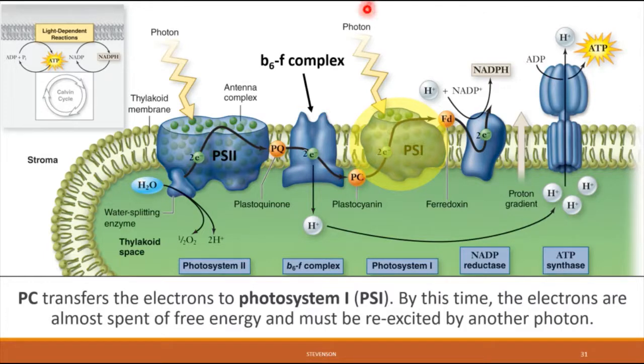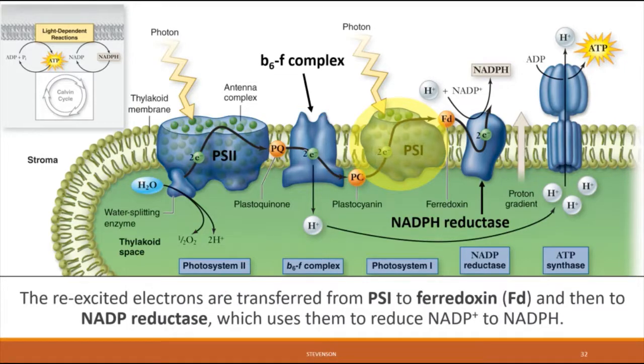Another photon comes in, hits the photosystem, its pigments are excited, and those electrons become re-energized. The re-excited electrons are then passed from photosystem 1 over to another shuttle called ferredoxin, and that shuttle carries them to this enzyme here called NADPH reductase.